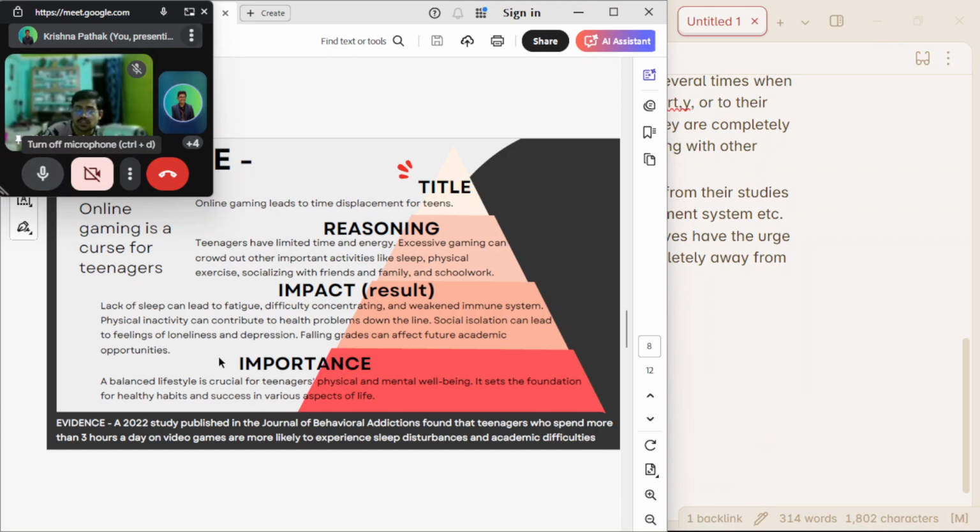ठीक है, अब मैं अगली चीज़ पे आ जाता हूँ। इम्पोर्टेंस क्या दी थी इन्होंने? इन्होंने कहा था कि a balanced lifestyle is crucial for teenagers' physical and mental well-being.